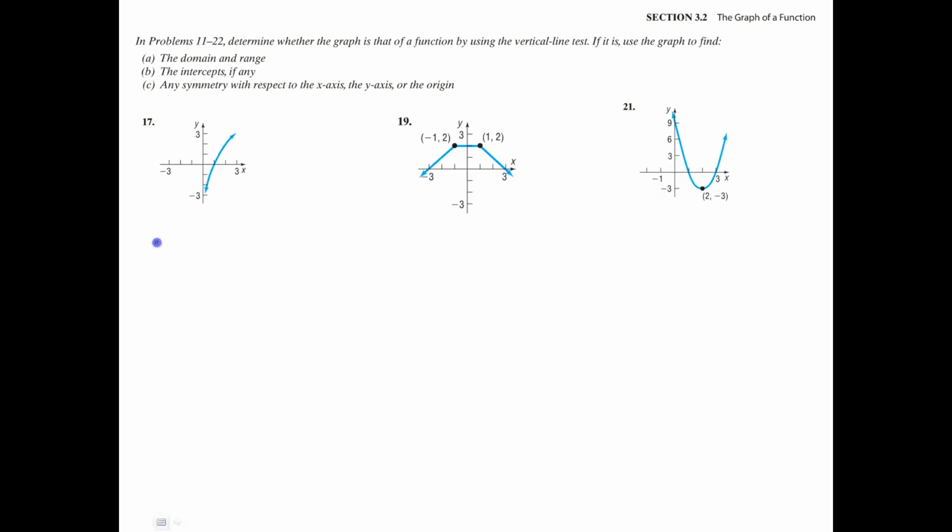17. Domain would be 0 to infinity, not including 0, because of the way that it goes down, like an asymptote. You get closer and closer to 0, but you never quite get to x equals 0. And the range is going to be all real numbers.